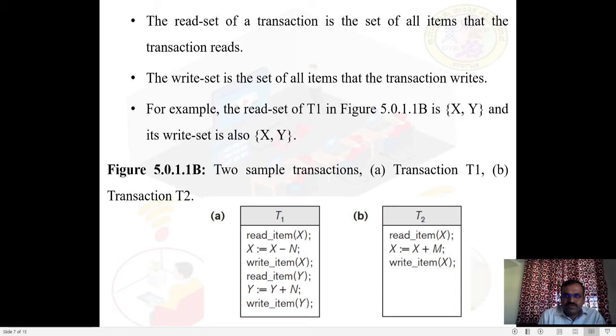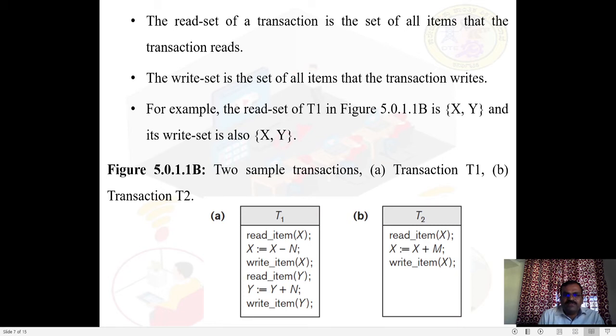A transaction includes read_item and write_item operations to access and update the database. The read set of a transaction is the set of all items that the transaction reads.